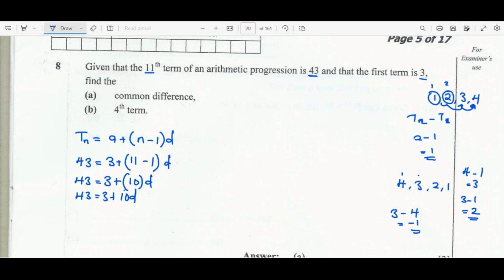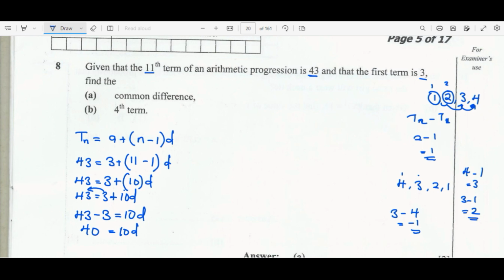So in this case, we're going to collect the like terms. 3 and 10d are unlike terms. 3 and 43 are like terms. So we're going to say 43, and then when 3 moves to this side, it will be negative because here it is positive. So it will be 43 minus 3 is equal to 10d. So here we're going to have 40 is equal to 10d.